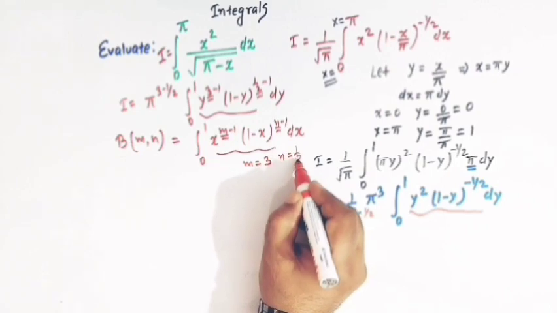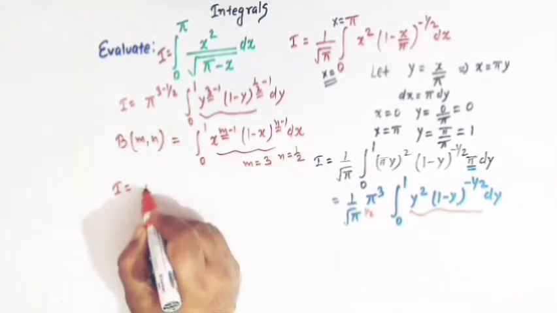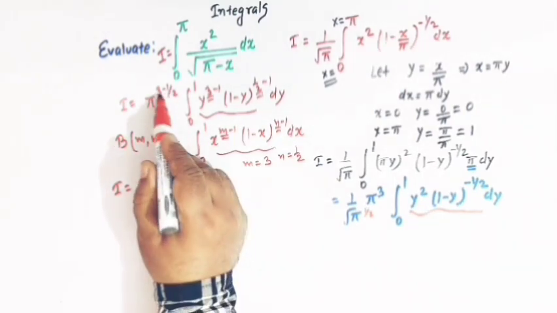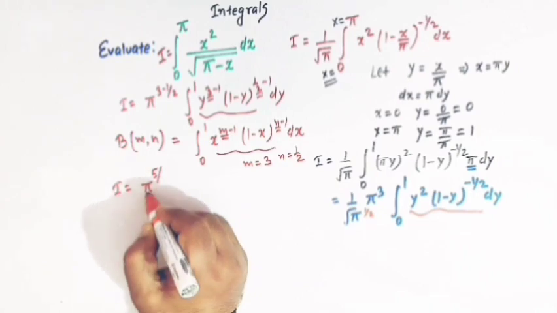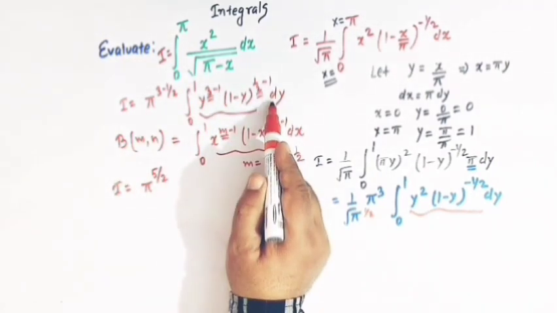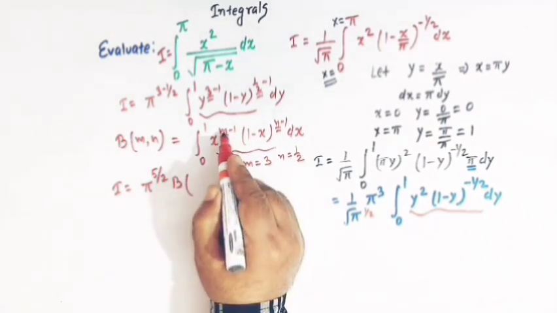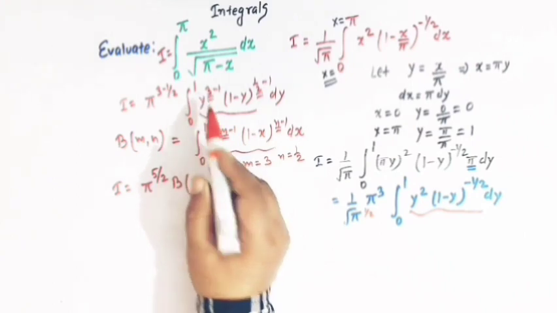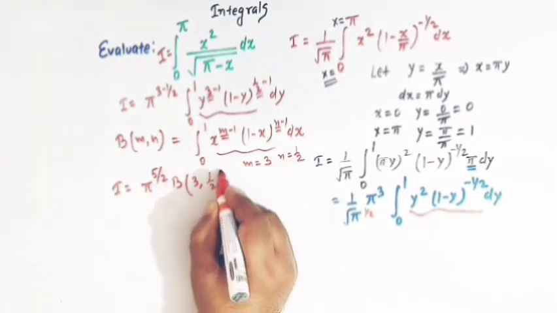So n is 1/2. So now we have I equal to π raised to, 3 − 1/2 is 5/2, so π raised to 5/2, and this integral is now written as the beta function B(m, n), where m is 3 and n is 1/2, right?